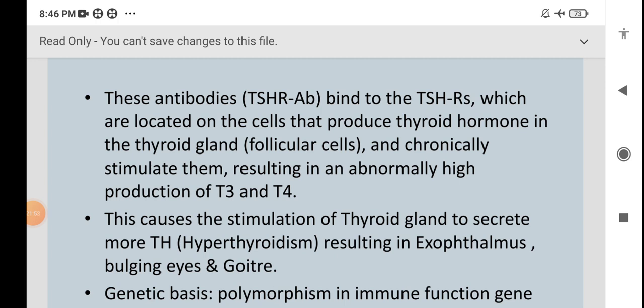These antibodies bind to the TSH receptors, which are located on the cells that produce thyroid hormone in the thyroid gland and chronically stimulate them, resulting in an abnormally high production of T3 and T4. This causes the stimulation of thyroid gland to secrete more TH, that is hyperthyroidism, resulting in exophthalmos, bulging eyes and goiter.